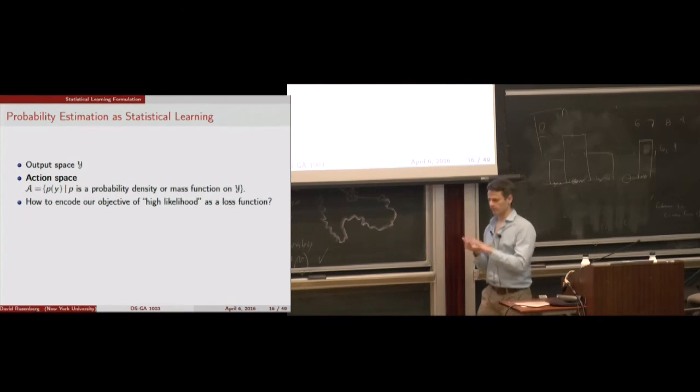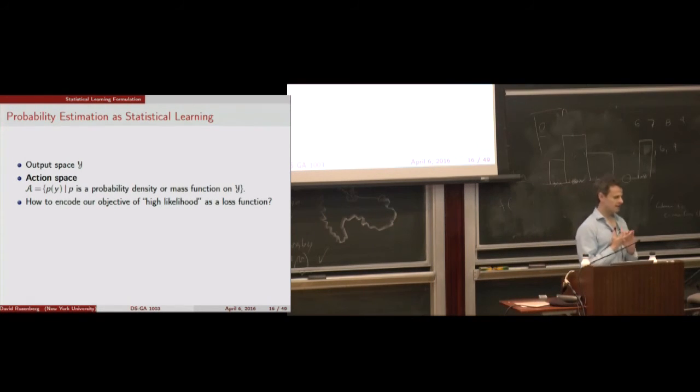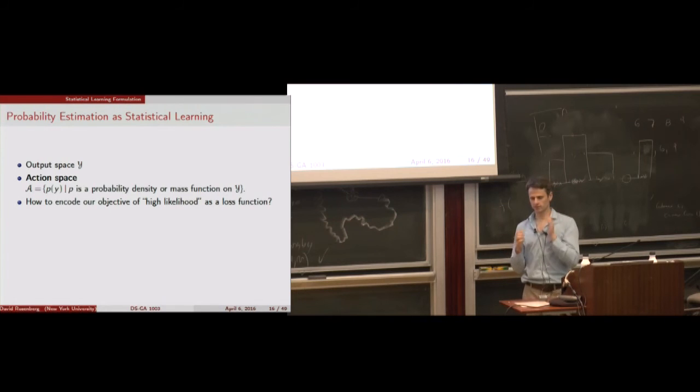We want to go back to our old framework of loss functions and empirical risk and that sort of thing. So we need to come up with a loss function that encodes the idea of high likelihood is good. So what might be a possibility for a loss function?